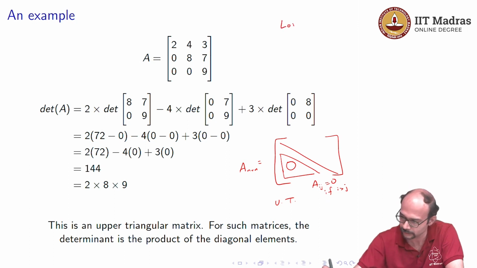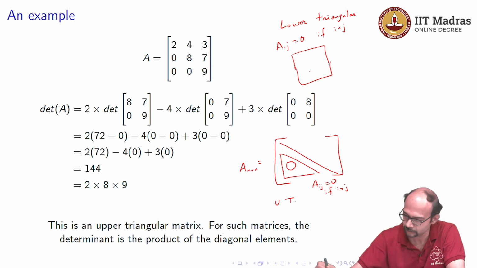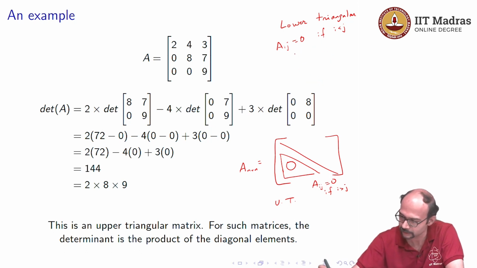So a lower triangular matrix, again n by n, is one where Aij is 0 if, this time, i is strictly less than j. Okay. So, how does that look? Oops, not a table but a matrix.